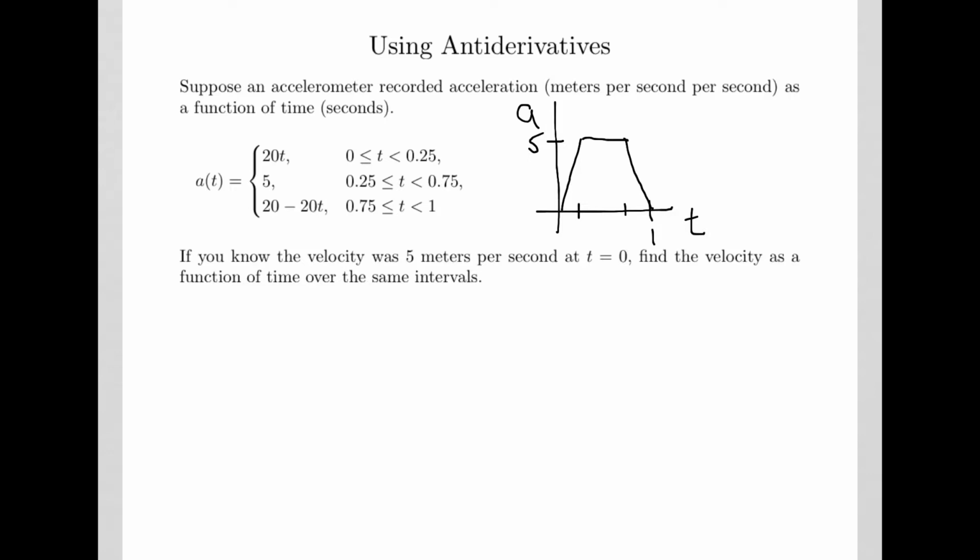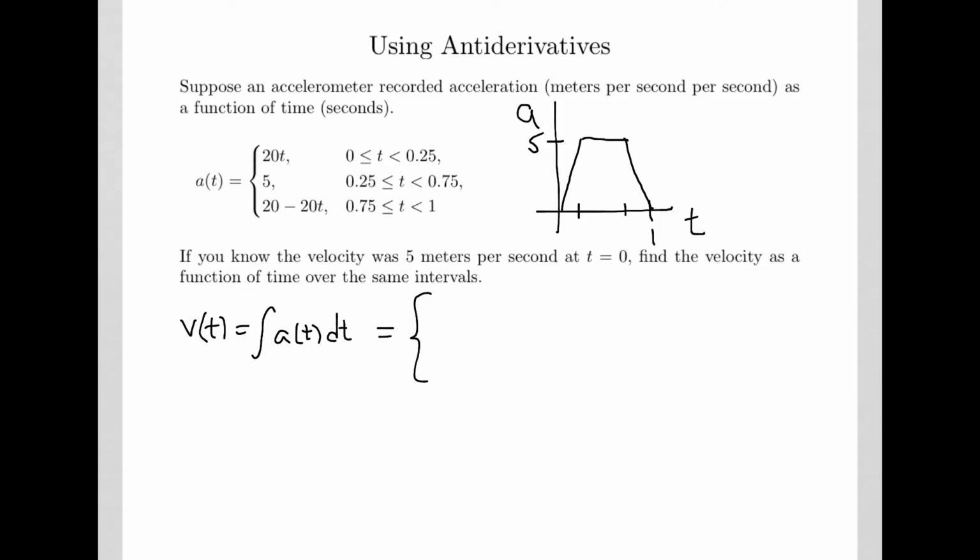So, on each interval, we can calculate our velocity. So let me write that down. Velocity is going to be an antiderivative of acceleration. So we integrate acceleration, and we will be integrating each of the 3 formulas.